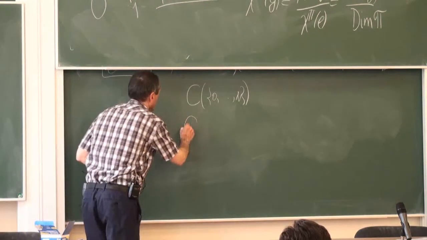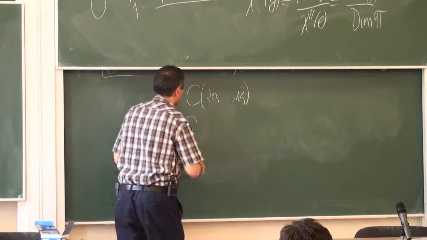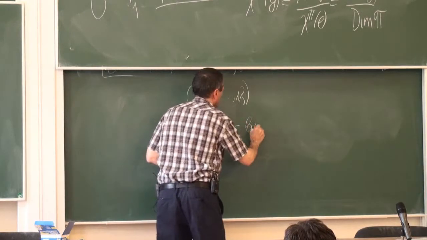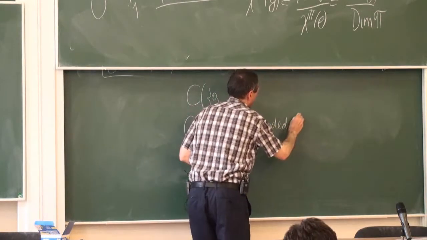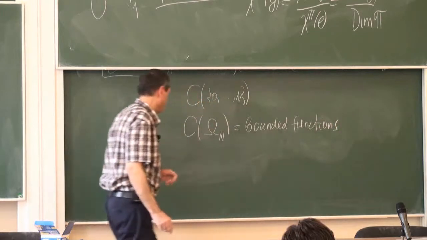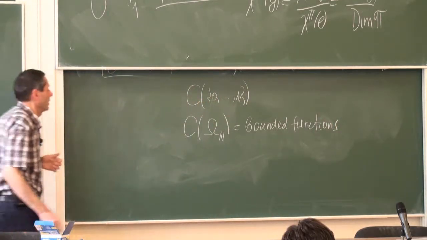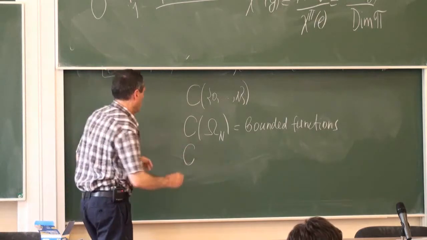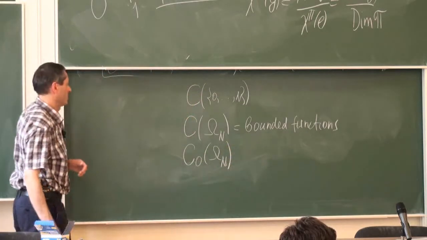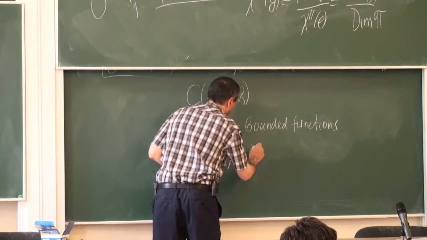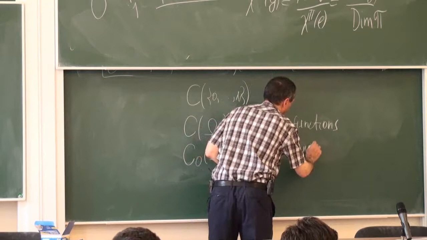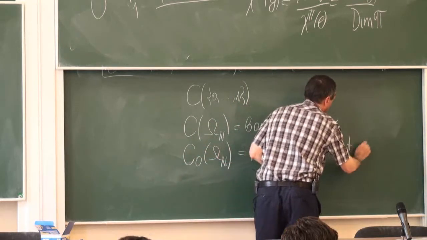We can take the space of all bounded functions, but it's better to take the subspace of functions vanishing at infinity.